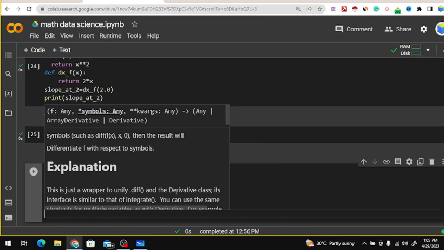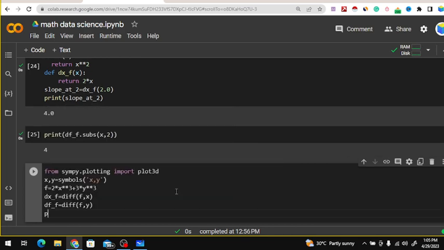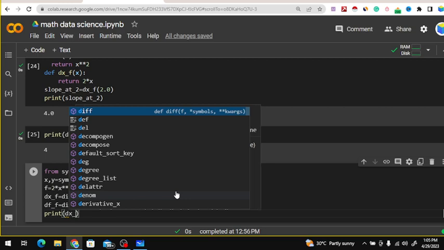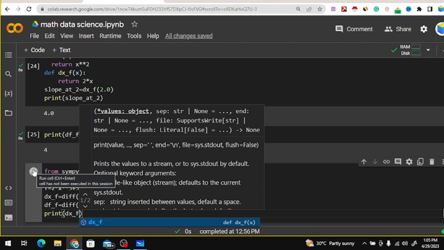After that I want to print dx underscore f, and let's see what happens.